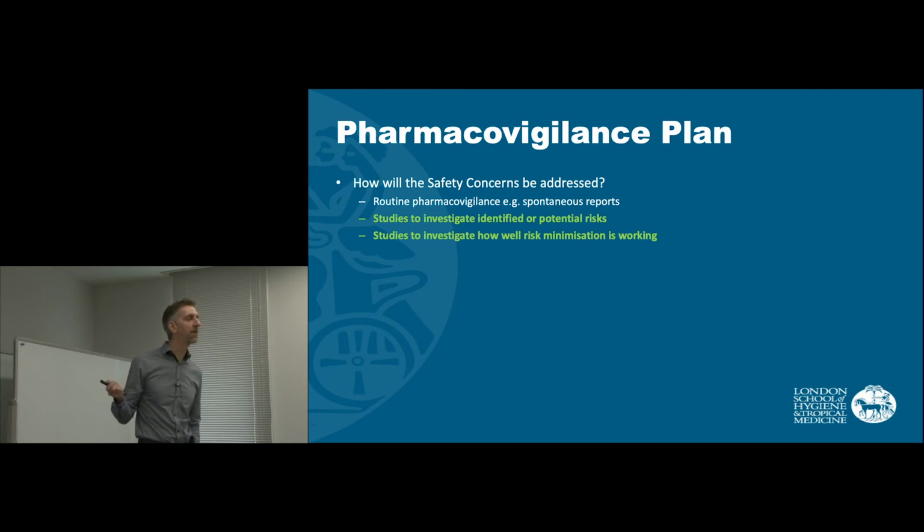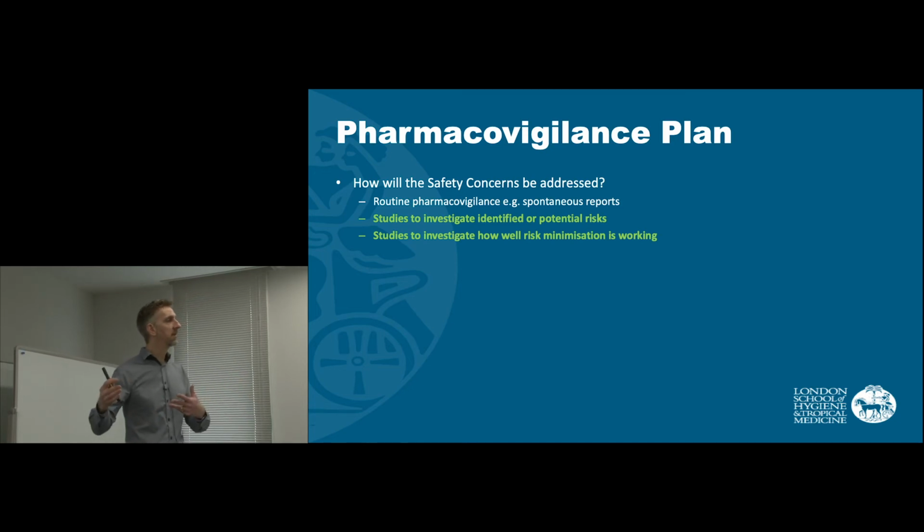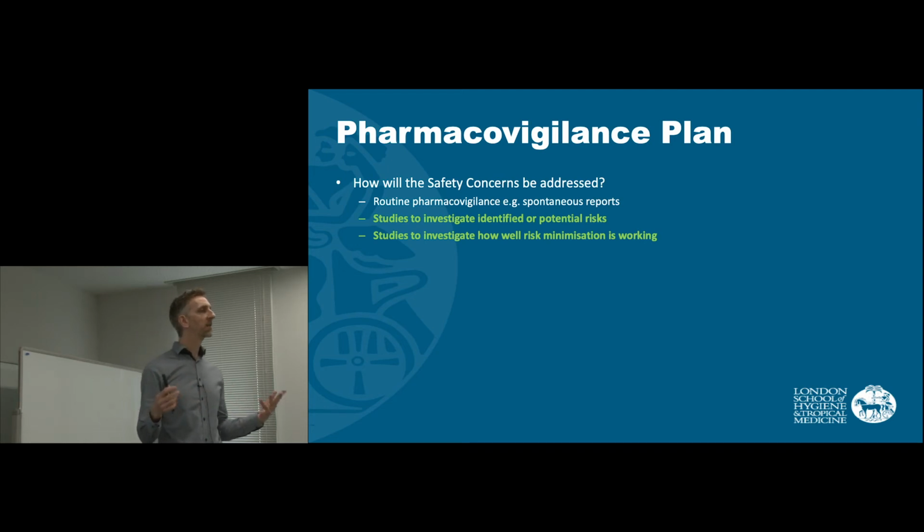And these are things that the company themselves can propose to do, but similarly, the regulatory authority could insist that the company does these studies as a part of the license. So it's possible that the company will be refused a license unless they commit to doing one of these studies.